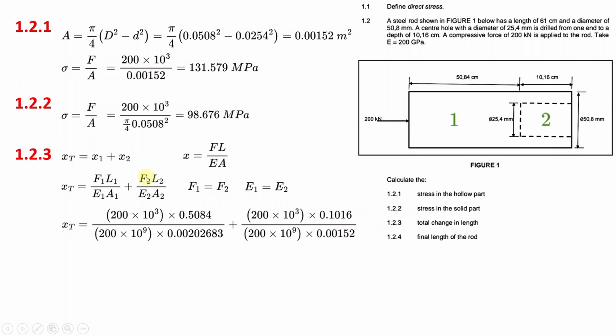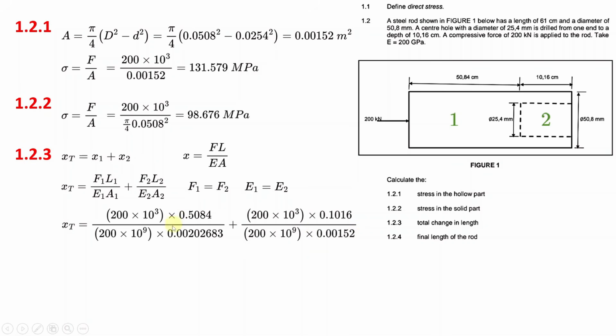Plus F2, which is equal to F1, 200 times 10 to the 3, multiplied by L2, the length of the second segment, which you change to meters. That gives you this, divided by E2. E2 is equal to E1 because they are made of the same material, so it's 200 times 10 to the 9, multiplied by A2. A2 is the cross-section area of the hollow part, the second segment of the object, which we calculated earlier. This is it here.